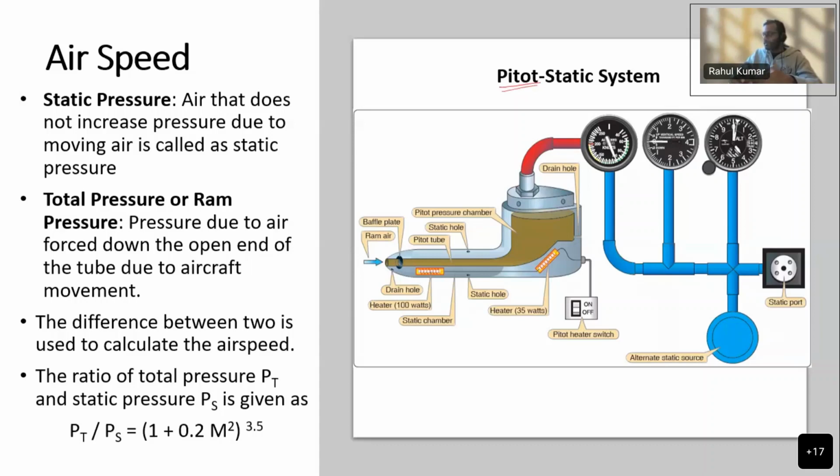Basically, static pressure is the pressure of air that is stationary or is not moving. Therefore, static pressure does not change. Static pressure at any point or at any altitude will be the same. Whereas dynamic pressure is the pressure that changes due to airflow.